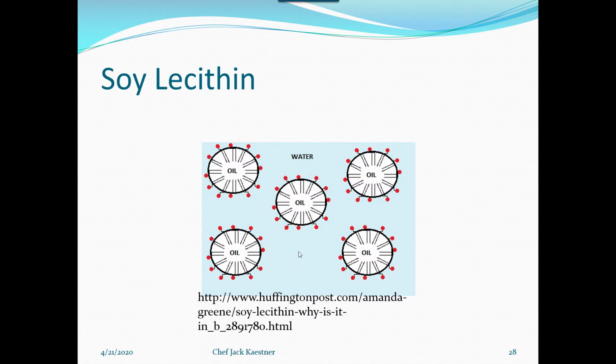An emulsifier, in this case soy lecithin, one end of the emulsifier likes water, so he's over here. And then the other end of the emulsifier likes oil, so he's over here. So they form almost like a film barrier between the two so that the water and oil can mix and stay mixed. Otherwise, the oil would all join one another.